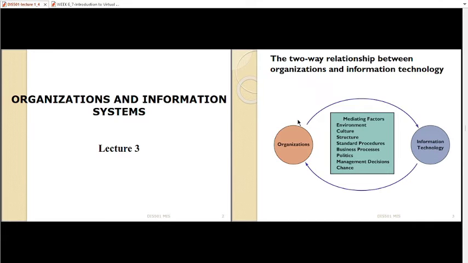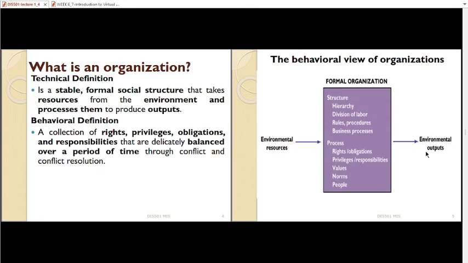And remember, at the beginning, we said that under organization, we have people, culture, politics, and processes. Now, based on the mediating factors, we can begin to see decisions, processes, and change. All these come as a result of an organization performing their tasks using information technology itself.